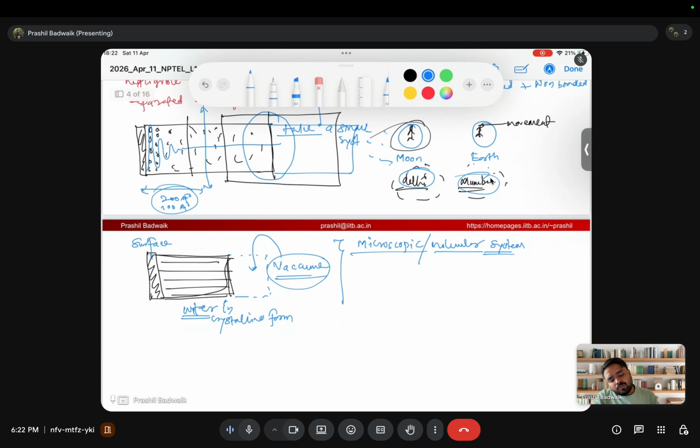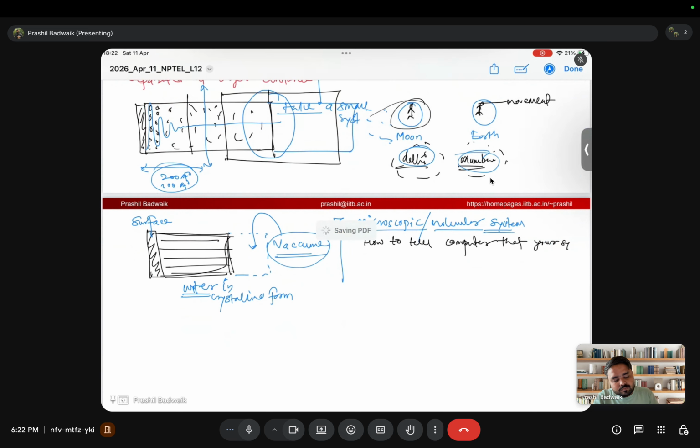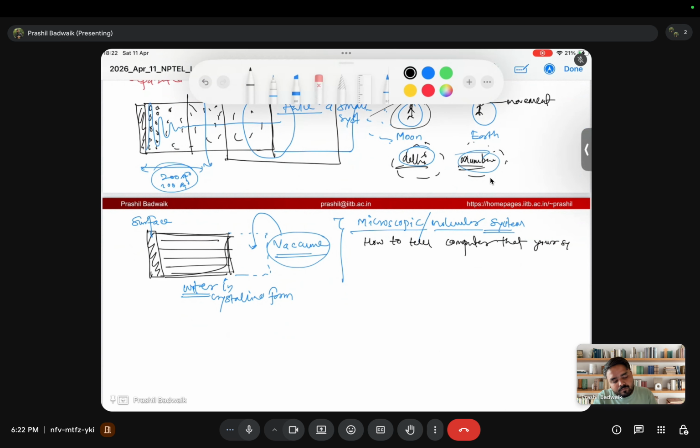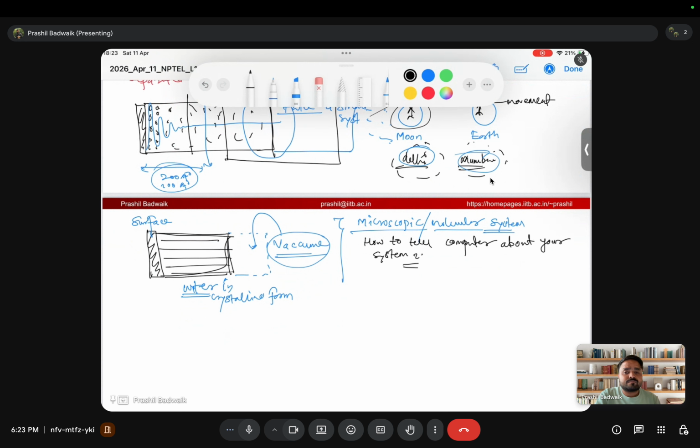Now the question is how to tell the computer about your system. How to inform, how to tell the computer that this is your system, that is the question.